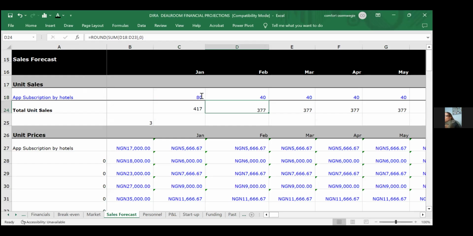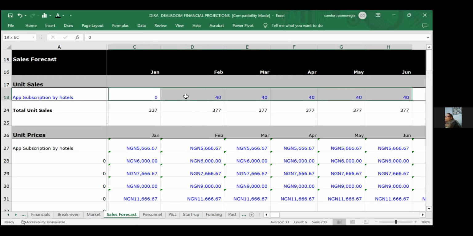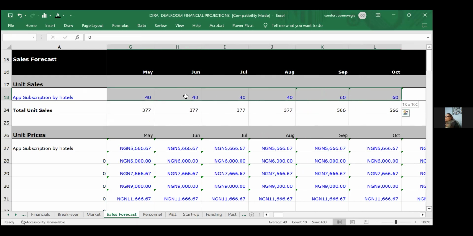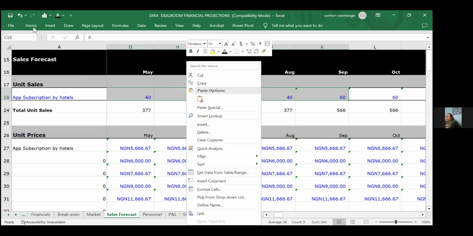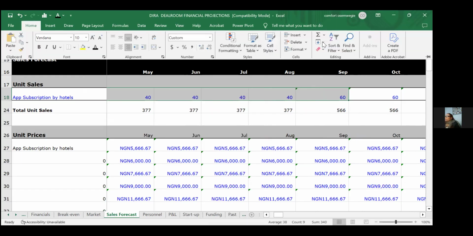So we will assume that January to, where are we now? This is August, maybe into September, is 0. Please, if you are lost, don't feel like. Can you see it, please? Yes, ma'am.